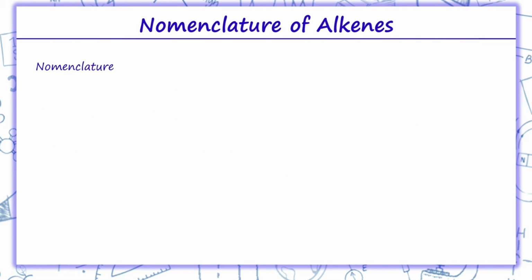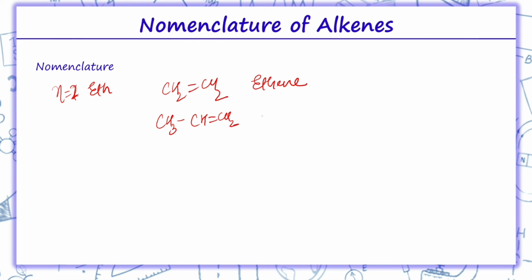Coming on to nomenclature. As we know, for n equals 2, we write eth. So CH2=CH2 will be written as ethene. Similarly, CH3CH=CH2 will be written as propene because 3 carbons are there.